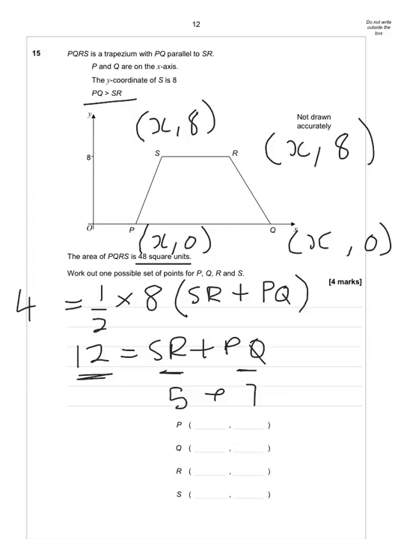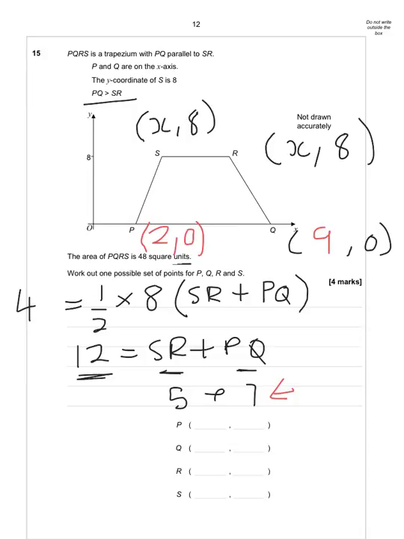I'm going to decide to start here, and I'm going to let that be 2 and 0. Now, I'm going to tell you that PQ is 7, so I'm going to add 7 onto this 2, and that's going to give me a 9 right here. So the difference from here to here is my 7 here, just like this.